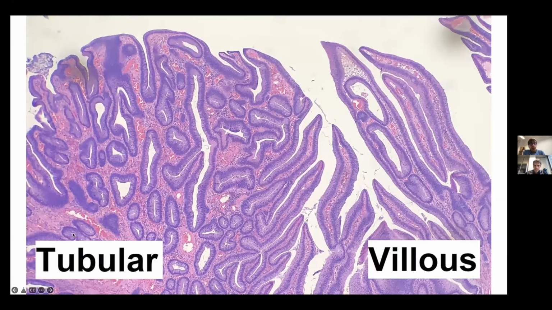As I told you a few seconds ago, you also have to give an assessment of the architecture to distinguish between tubular adenomas and villous adenomas. And what is the difference between these two diagnoses? The difference is here in an image. You can see this difference in an image with a significantly lower magnification. You see here, it has a very low magnification because you have to see this kind of architecture.